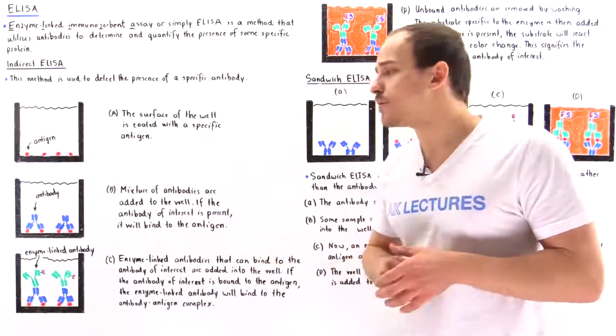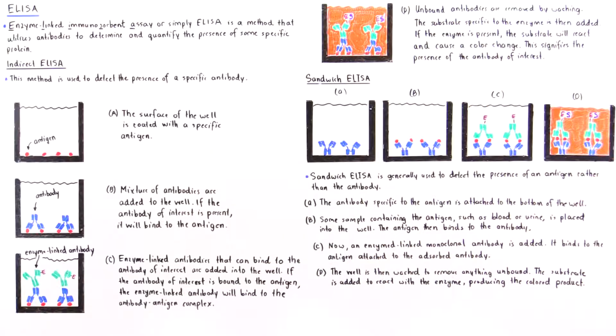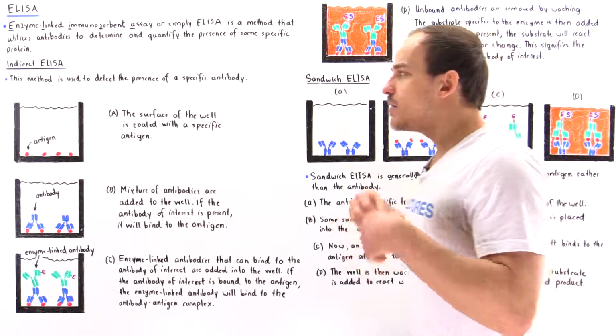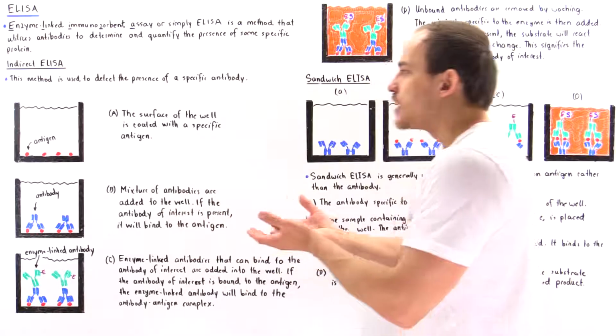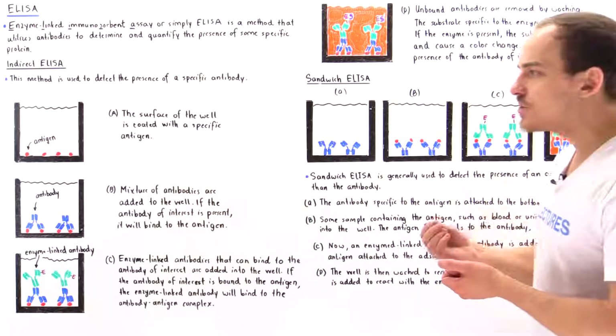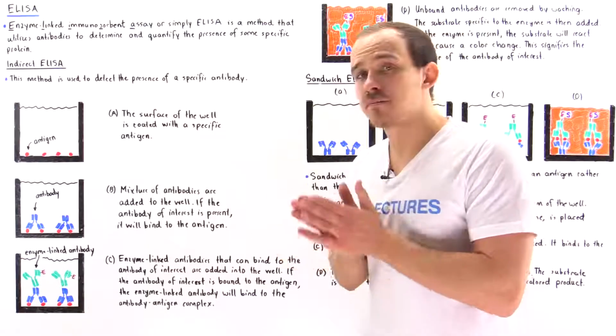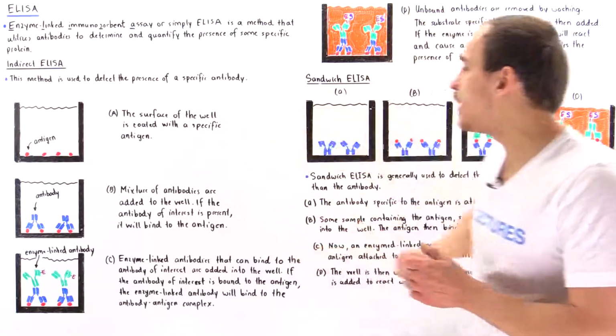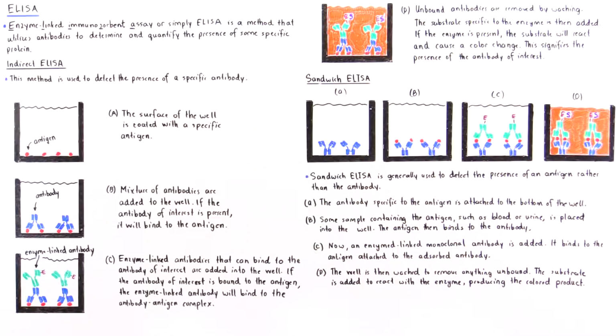And when this transformation takes place, that once again causes a color change. So we see the principle that we use is this color change reaction. It's the color change reaction that signifies the presence of either that antibody or that antigen in our sample.